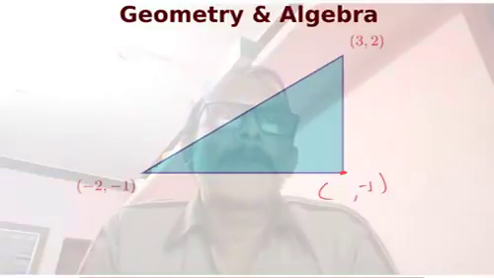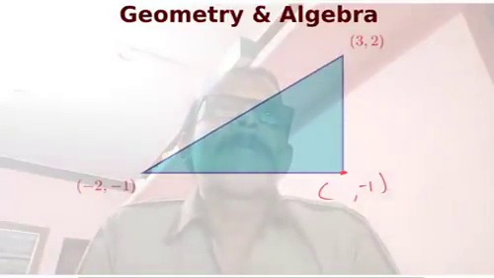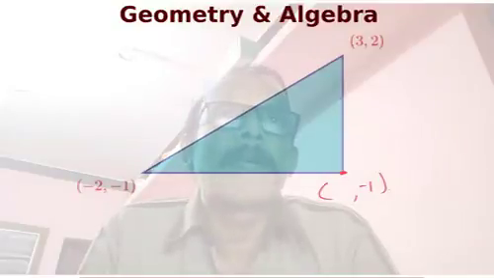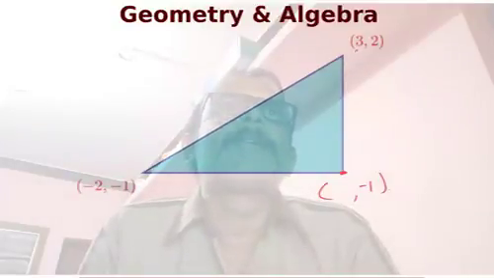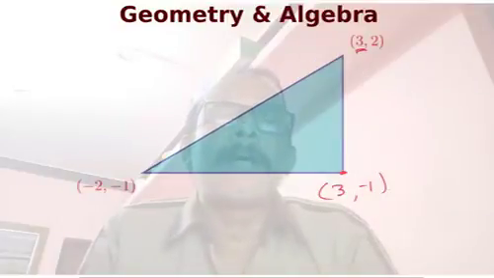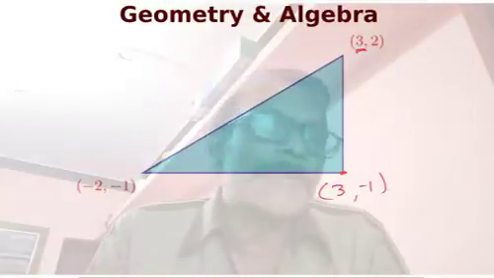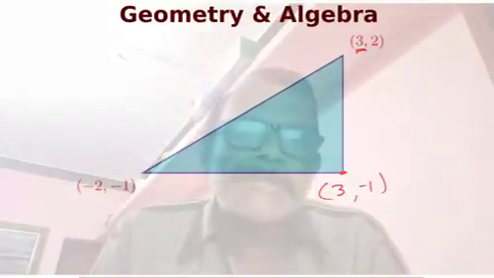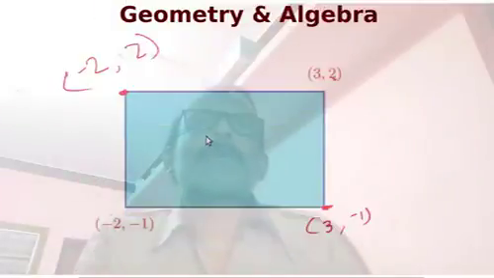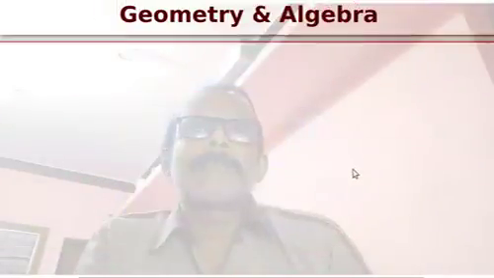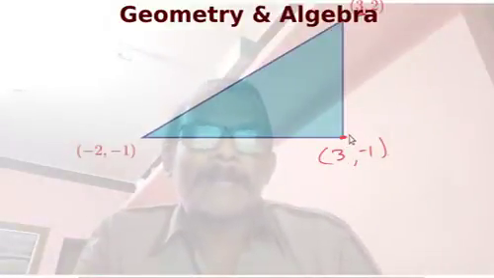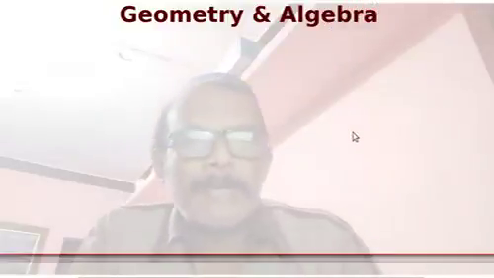So the y coordinate of this point will be -1, and for the x coordinate you have to look at the perpendicular line, and the point is (3, 2). So the x coordinate is 3. So we can find the third vertex of a triangle also using the same process. We know how to calculate the vertices of a rectangle, and the coordinates of the third vertex of a right triangle.